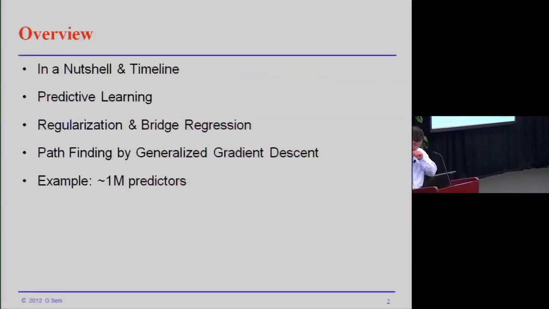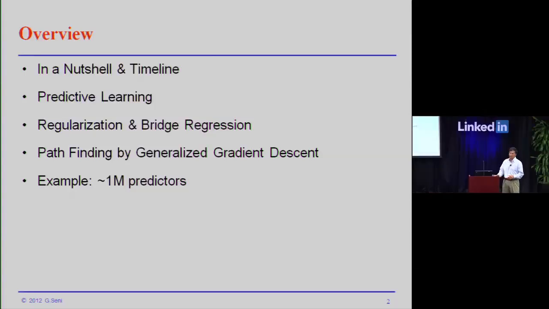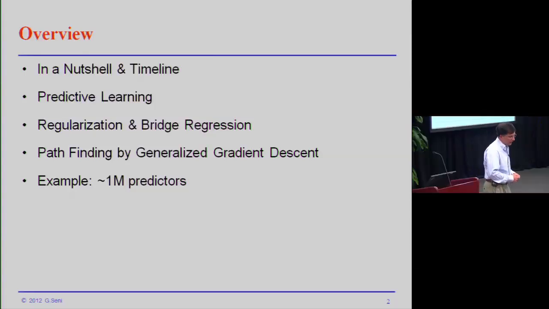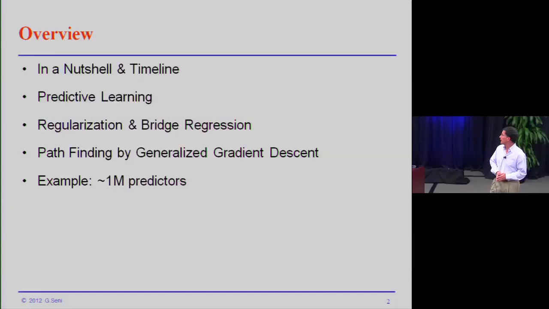So the agenda for tonight: the first half is mostly a review for those of you less familiar with the topic. The core of the talk is in the second half, and in particular, I'll go into detail on some of the math of coordinate descent algorithms.